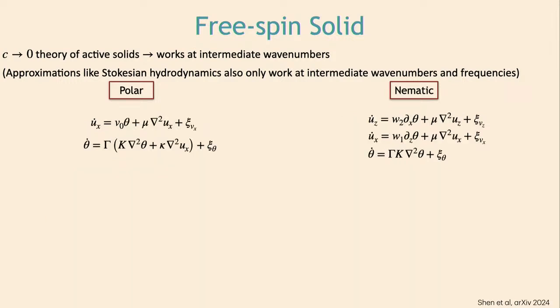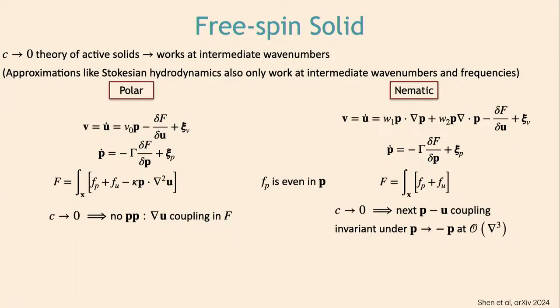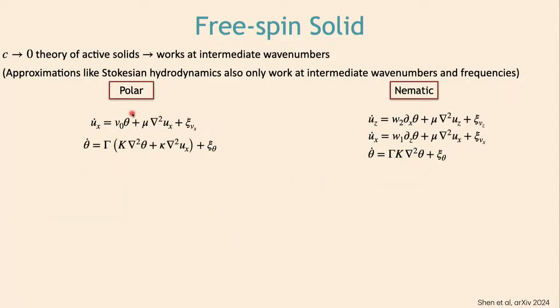And if you do that and write these equations down in a polarized state, what you get is ux dot going as theta, where theta is the angle, and theta dot basically going as del squared ux. What you can immediately see from here is that the ux and theta beat against each other to give you a wave. Okay? It gives you a sound wave.